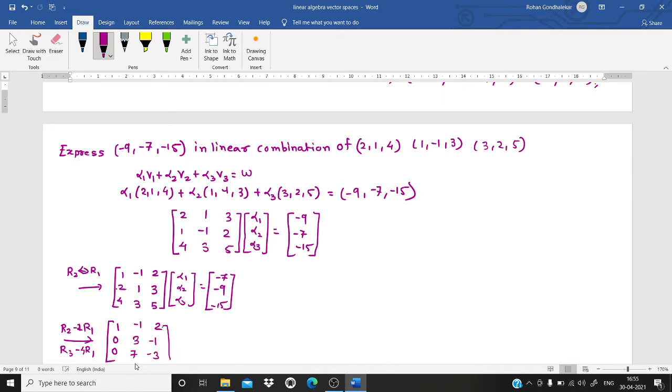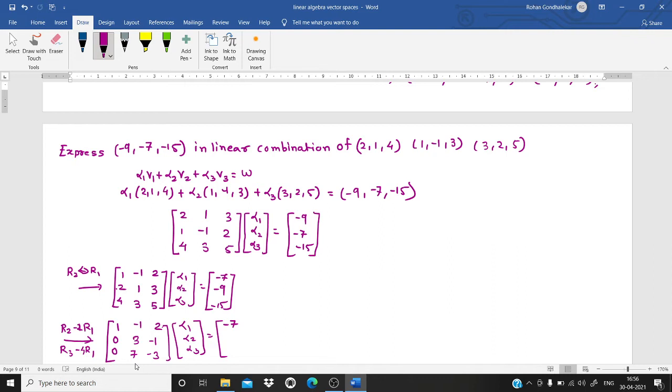minus 3, into alpha 1, alpha 2 and alpha 3 is equal to, there is a minus 7, here the minus 9, and we are multiplying here by minus 2, which gives me plus 14.